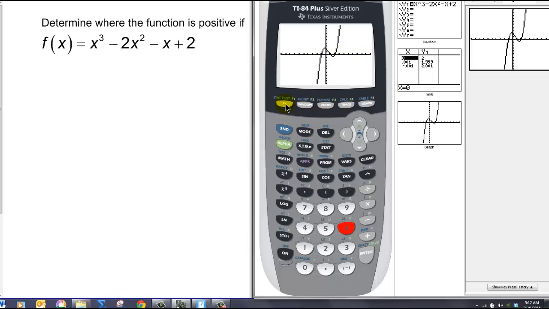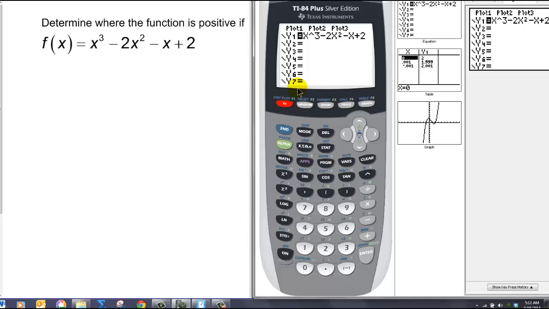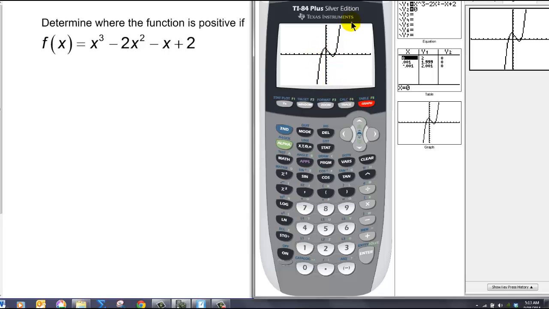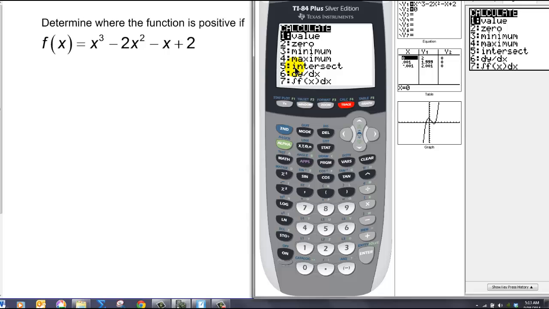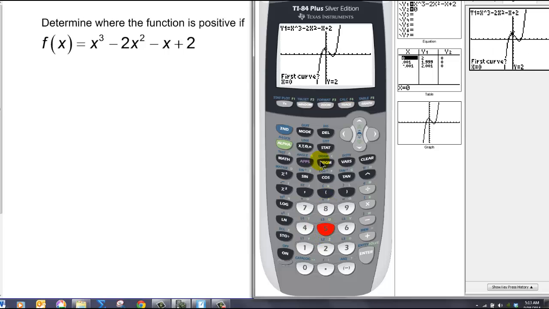So what we're going to do is hit y equals again, and as a second function, we're going to graph y equals 0. So now if I graph that, here's that first curved function, and then you can't really see it because the line is already there, but it's also graphed y equals 0. And now we're going to find these intersection points. So to do that, I go second, calculate, and here's this button number 5 that says intersect, and it will ask me to identify one of the curves.